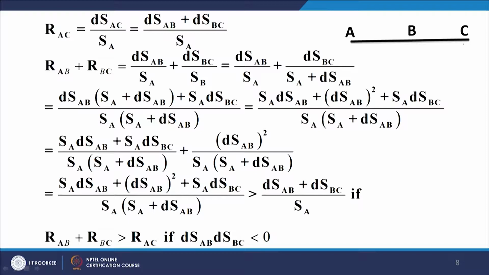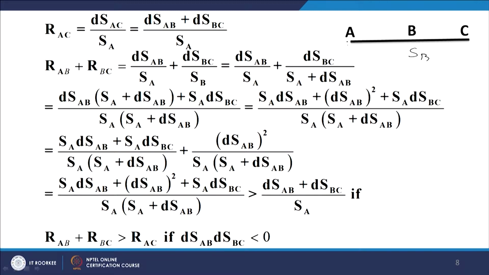You have got 3 points here, A, C and an intermediate point B. The return over period AC is given by the change in price over AC divided by SA, that can be written as the change in price AB plus the change in price BC over SA. And the sum of the returns over AB and BC can be similarly written as dS_AB upon SA, but here when I calculate the return over this period BC, I shall take the denominator as the price SB, the price at this point and not the price at this point.